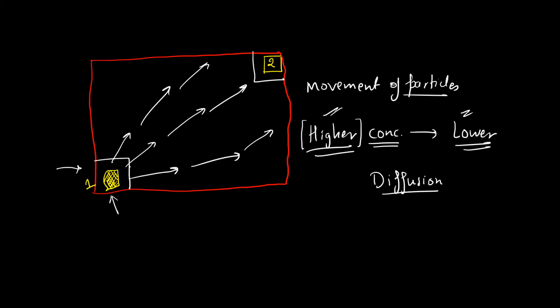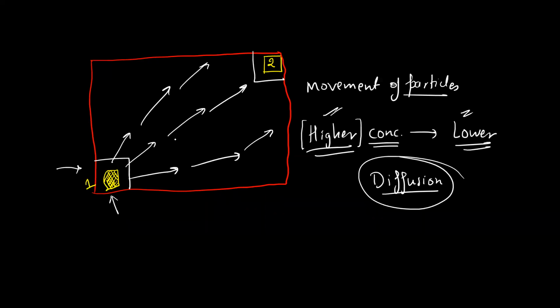That is why the particles of the perfume have moved from corner number 1 to corner number 2, and this movement is diffusion. Got the point? The particles could be any particles.